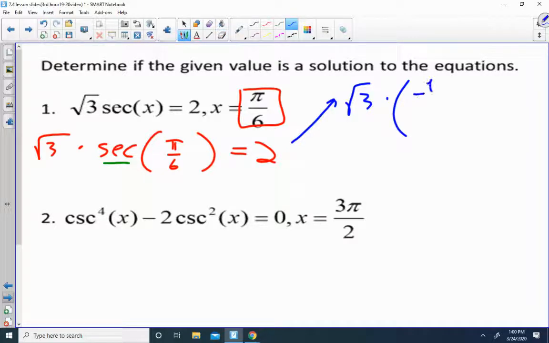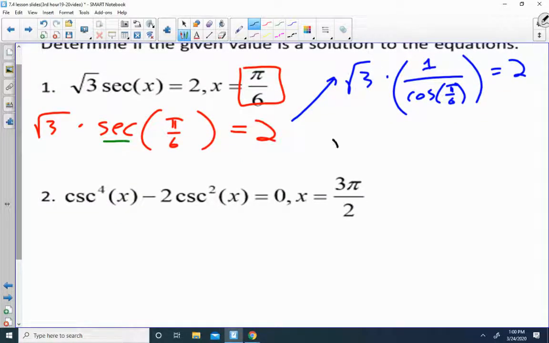So it's going to be 1 divided by its twin, which is cosine of pi divided by 6. And then we're going to see if that equals 2. This might become a decimal, but we'll see if it works.